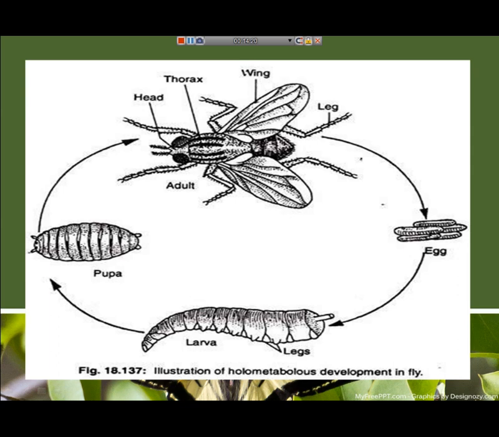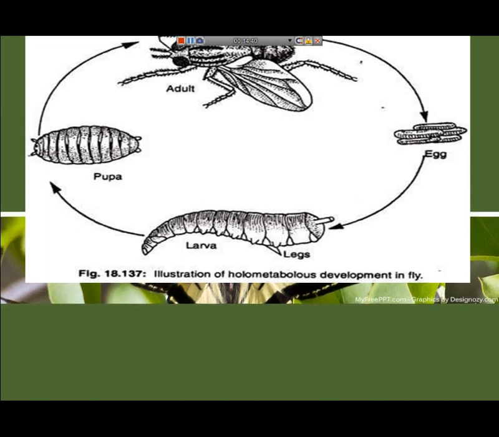Most insects with complete metamorphosis are winged in the adult stage. Examples of the species that undergo holometabolous development are beetles, caddisflies, butterflies, moths, mosquitoes, flies, bees, and wasps.